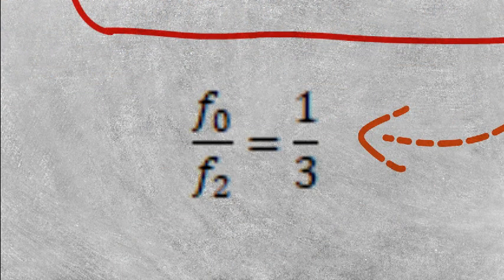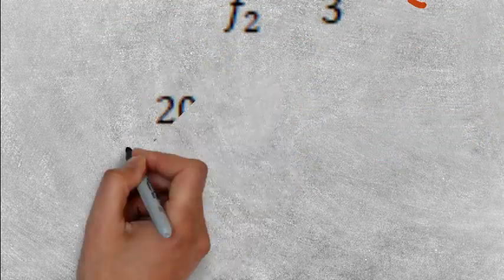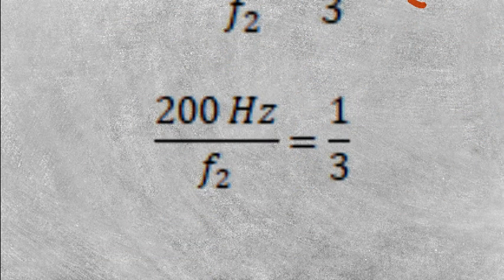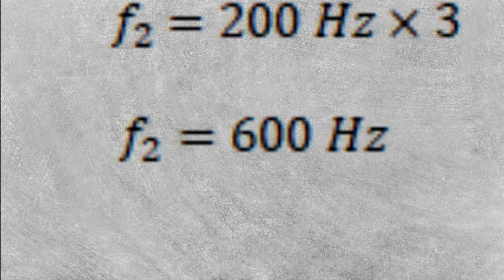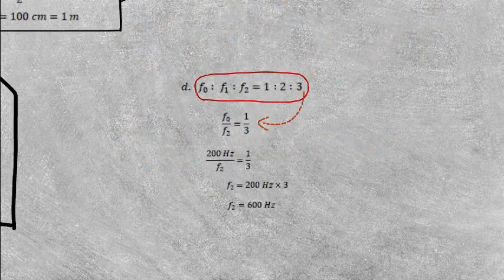So from the frequency of the fundamental harmonic, which is 1 part, we can count the frequency of the second harmonic with 3 times 200 Hz. 200 Hz is the frequency of the fundamental harmonic. So the frequency of the second harmonic is 600 Hz.